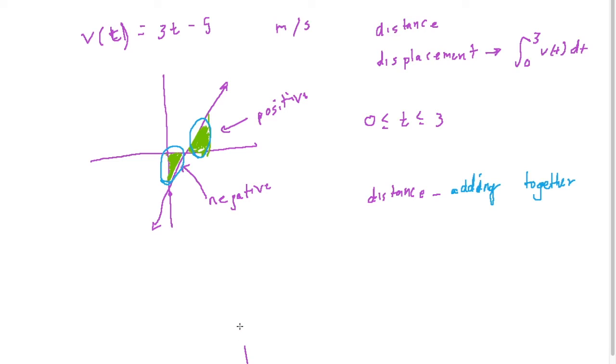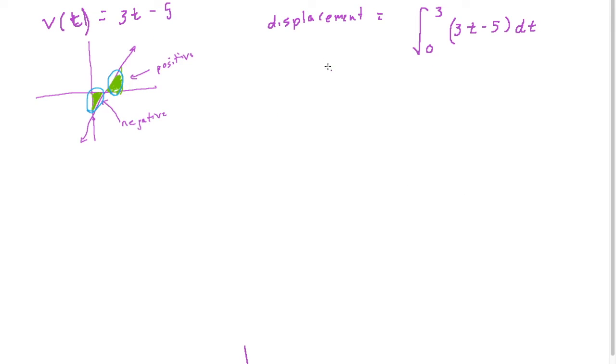So let's go ahead and see if we can actually calculate the displacement and the distance. To find the displacement over the first 3 seconds, all we need to do is integrate 3t minus 5 from 0 to 3. Now we can do this one of two ways. We can use the reverse power rule, or we can use our calculators to do this.